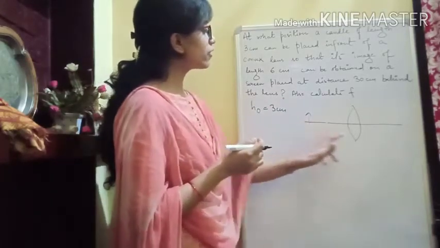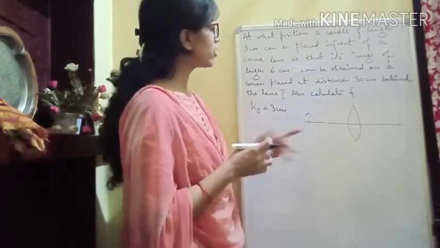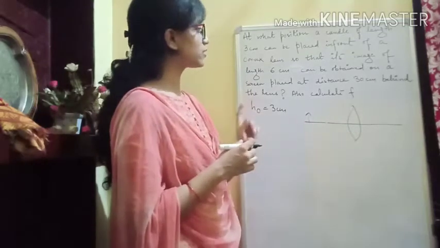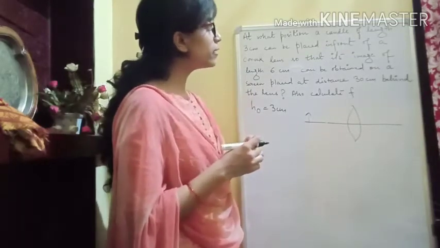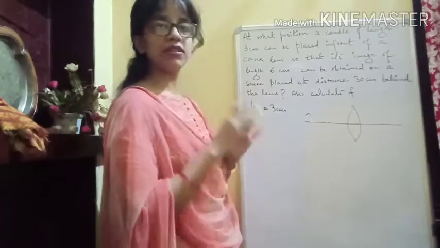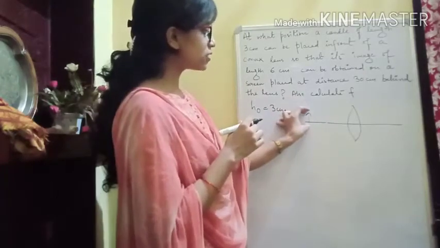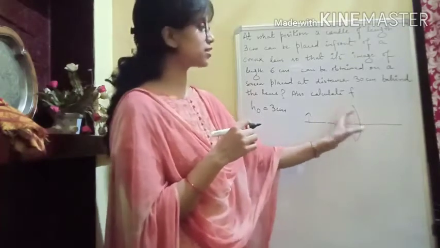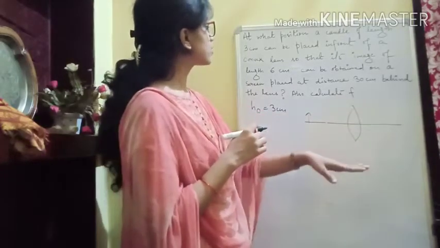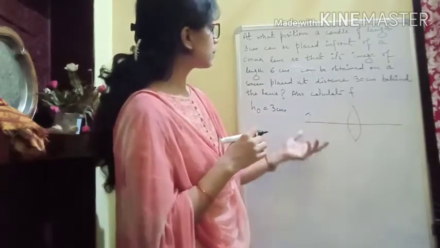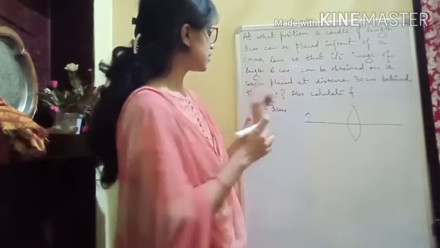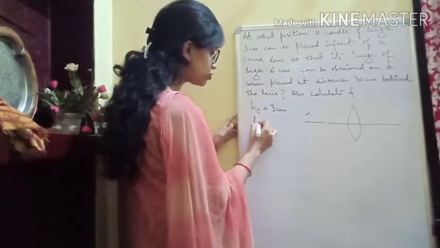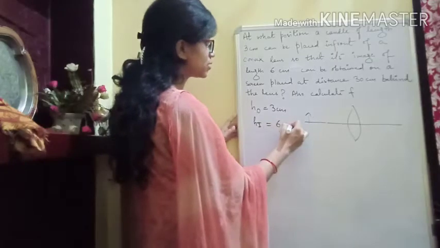They are asking where it can be placed in front of a convex lens so that its image of length 6 cm is formed. Since the rays will pass through this convex lens and the image will form, they are asking where it can be placed so that the image is of length 6 cm. So the height of the image is 6 cm.